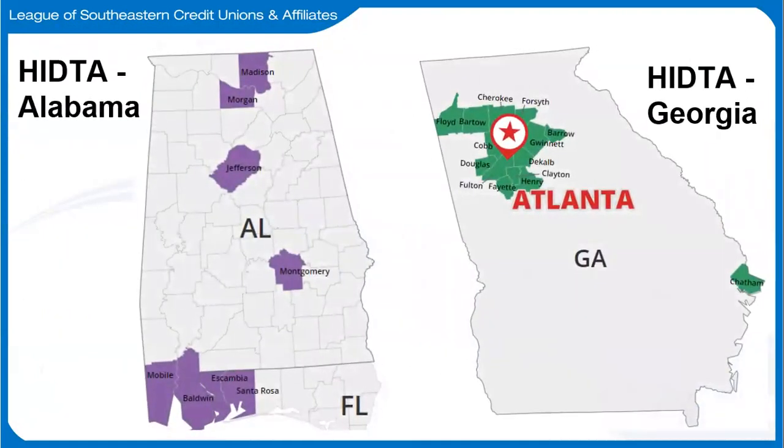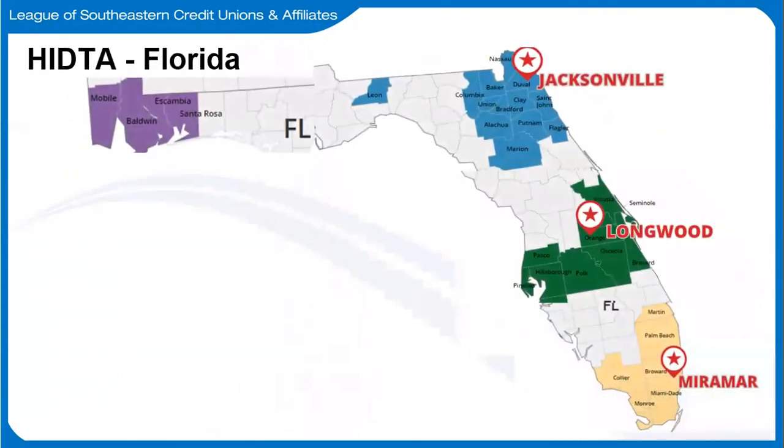Here is a map of those high intensity drug trafficking areas in Alabama, Georgia, and the panhandle of Florida. And then we have the rest of Florida that you see here. So again, these are the high intensity drug trafficking counties as defined by FinCEN.